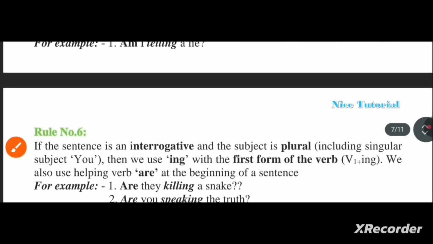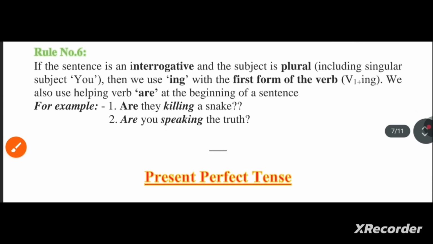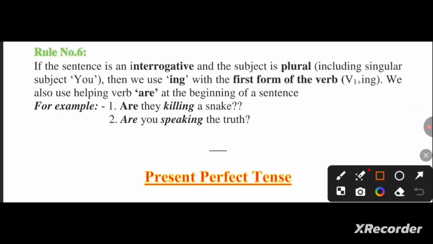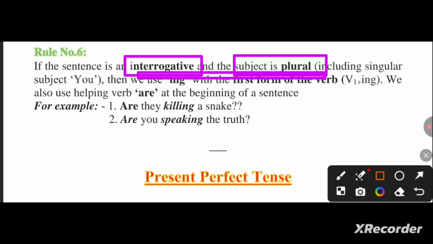Now, if the sentence is an interrogative one and the subject is plural, then we have to use ing with the first form of the verb and the helping verb are, because the subject is a plural one. And this helping verb are is used at the beginning of a sentence.